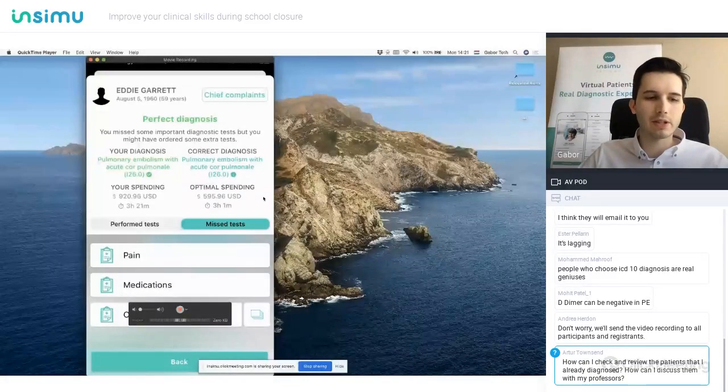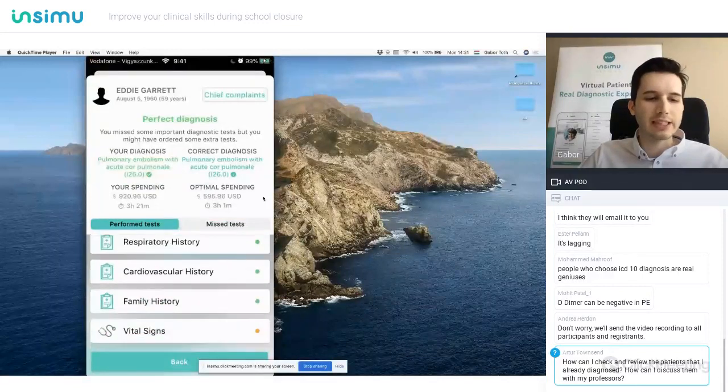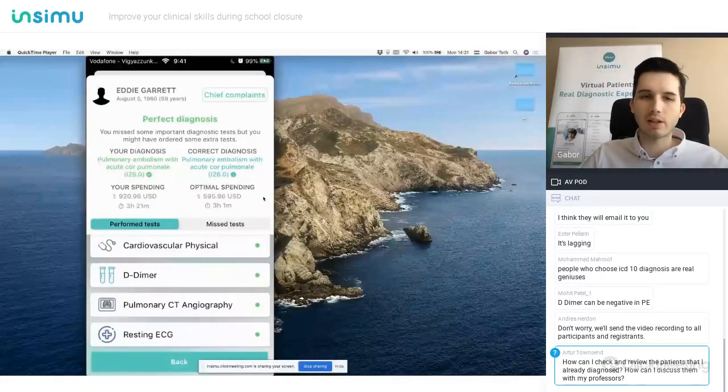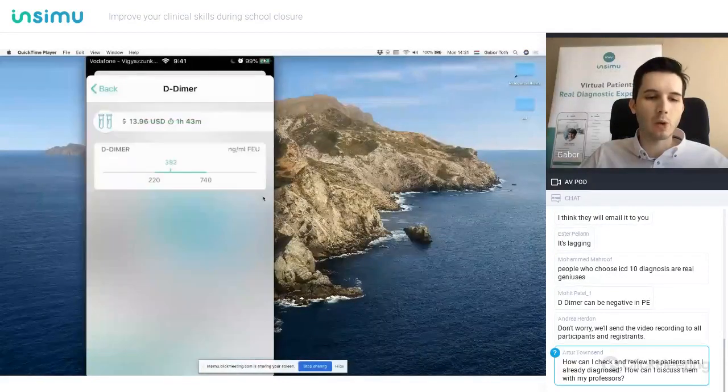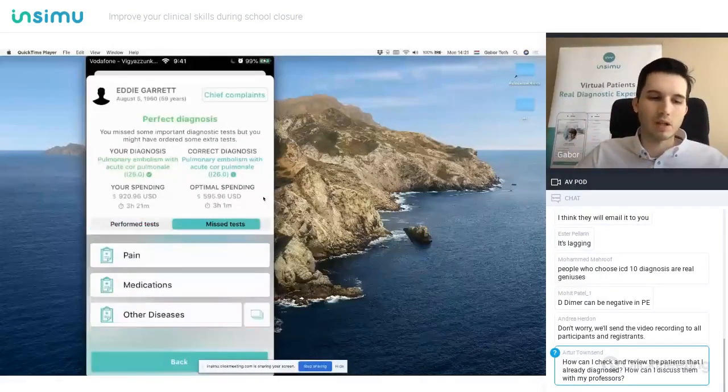I can see my previously performed tests, and I can also click on those tests that I ordered and see what the result of those tests were. And I can also check those tests that I missed. I cannot click on the pain test. It was completely negative in that case.